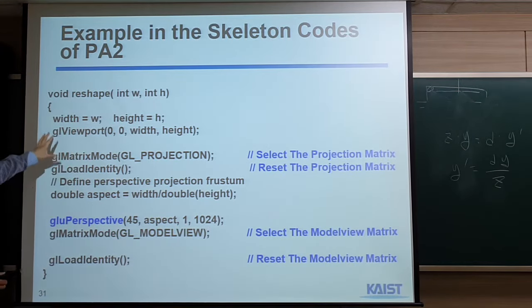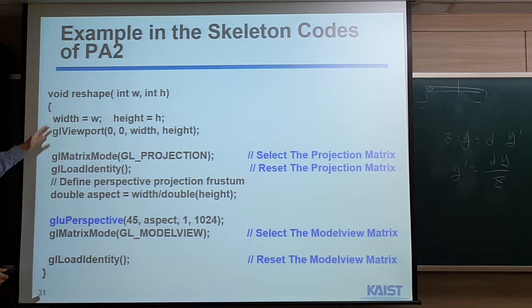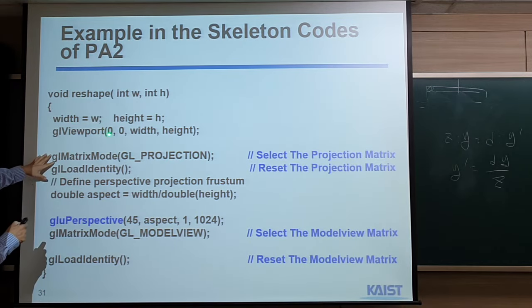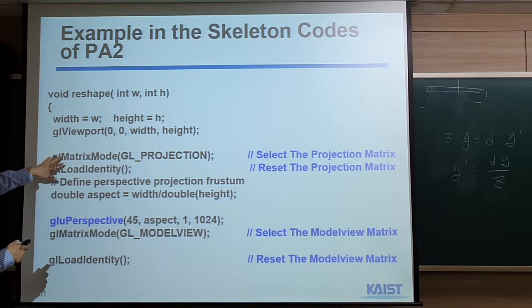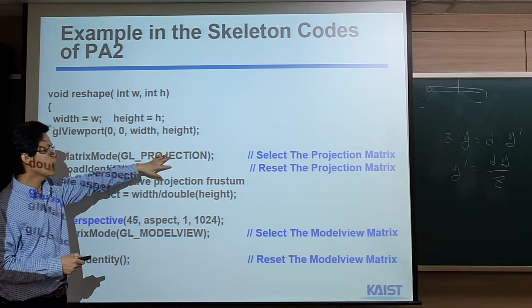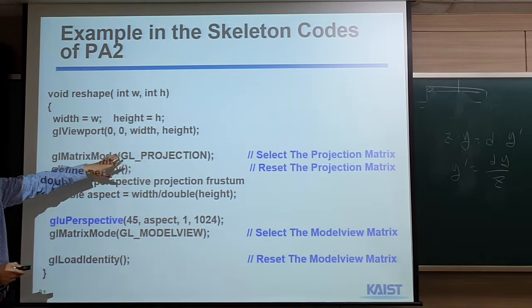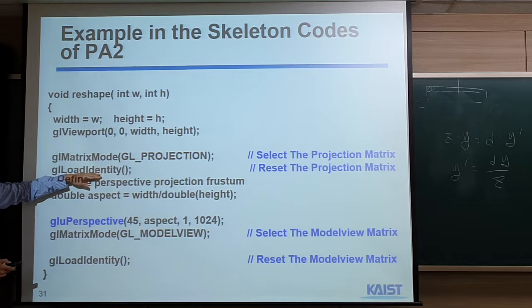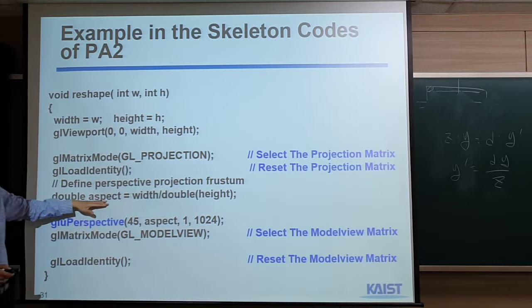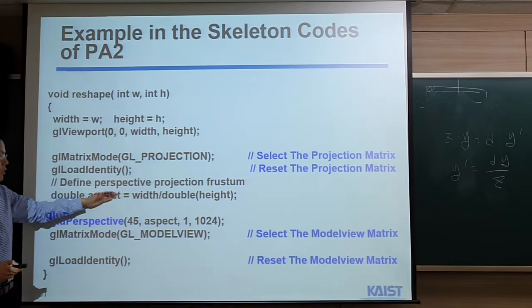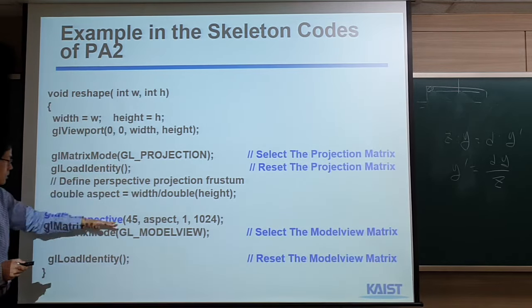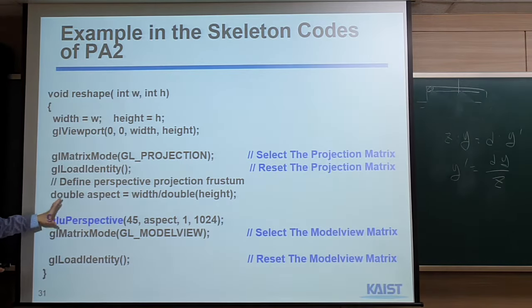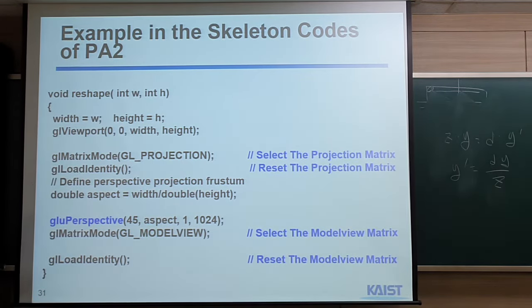Now let's look at some other component here. This is a reshape function. Here we define this viewport, right? And then we use glMatrixMode, GL_PROJECTION. Now we define projection, right? For the projection, we initialize it by calling load identity, and then we define the aspect ratio, and pass the information down to gluPerspective here. At that time, we define this perspective projection, the projection matrix, right?